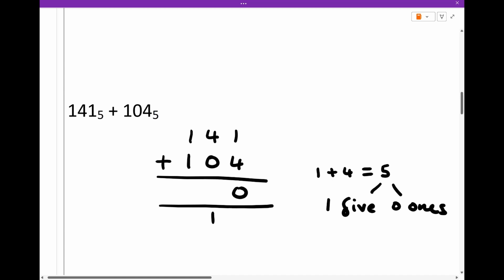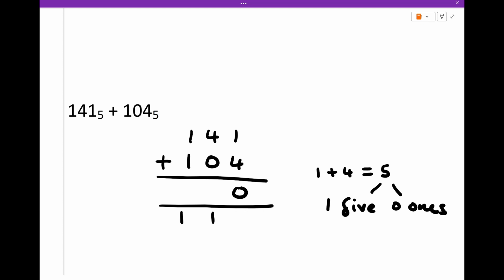Right, so what we've got next is 1 five plus 0 fives plus 4 fives. So we have a total of 5 fives. Once again, that's 5 or above, so we can convert all of those 5 fives into 1 twenty-five, which is our next base value column.